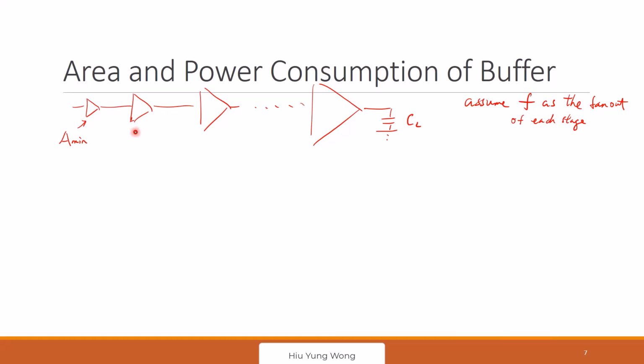What is the meaning of fan out again? Some concepts I keep repeating are very important because you can get lost very fast. You learn so many things, but then you step back and step on the ground. What is the definition of fan out? Ask yourself again. It is the output capacitance divided by the input capacitance.